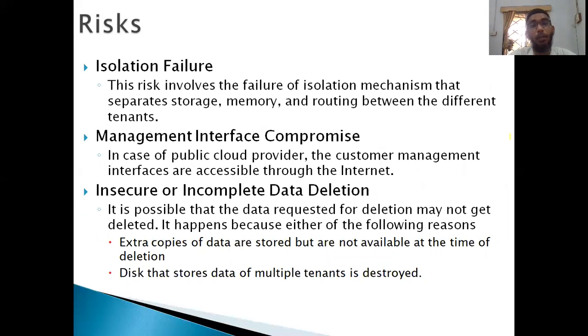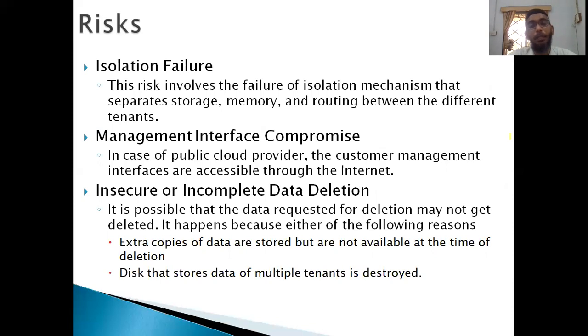So next is isolation failure. The risk involves the failure of the isolation mechanism that separates storage, memory, and routing between the different tenants. Sometimes there will be a failure there, and that's a risky factor.